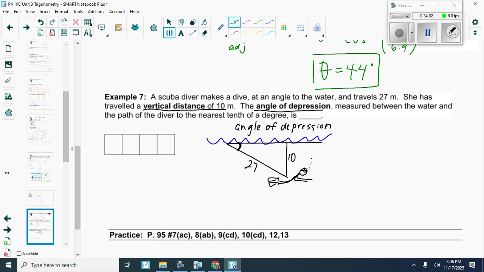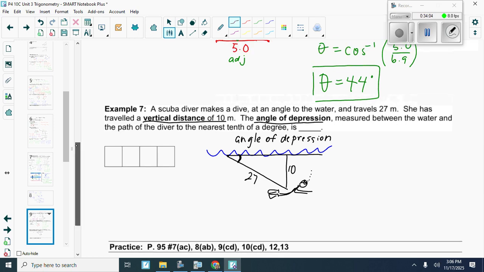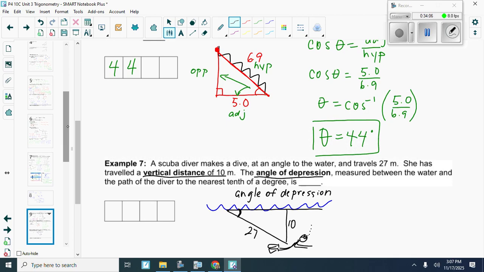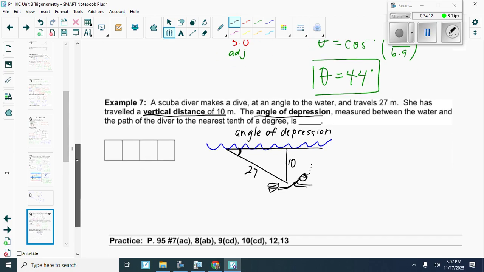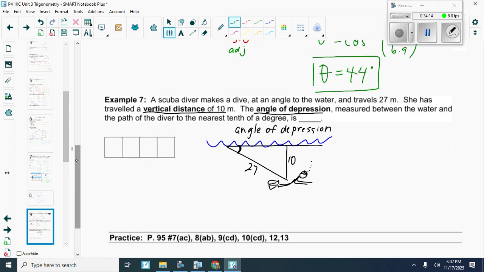Just like in the previous question you were interested in a horizontal and we looked up, this one is a horizontal and we look down. It even tells us it is measured between the water and the path of the diver. So here's the water and here's the path of the diver. Now we want to answer to the nearest tenth of a degree.